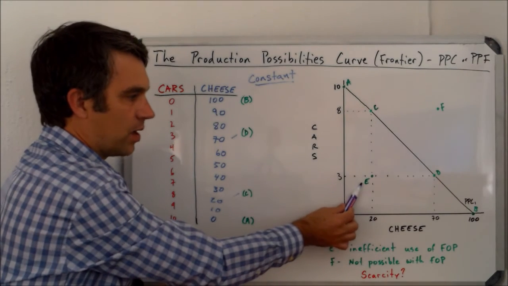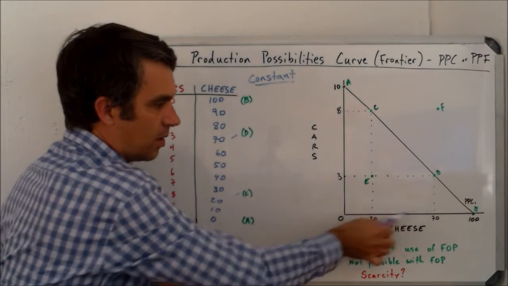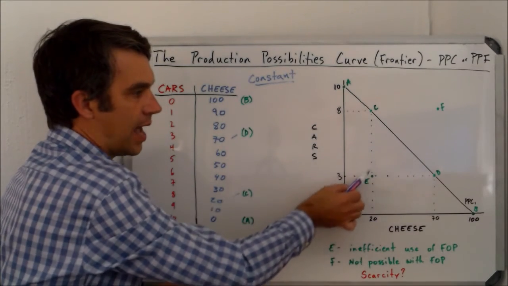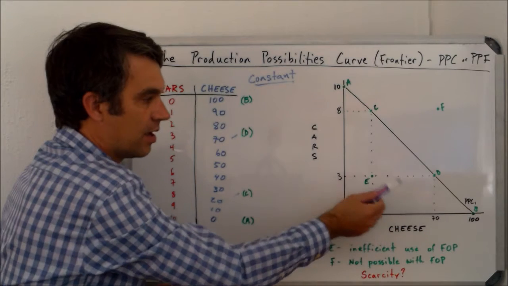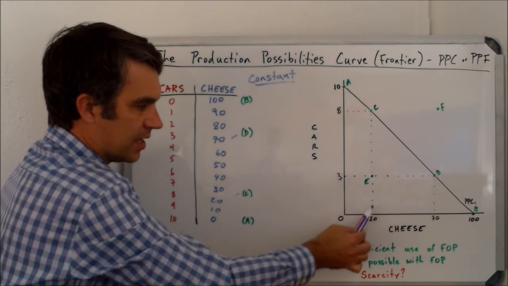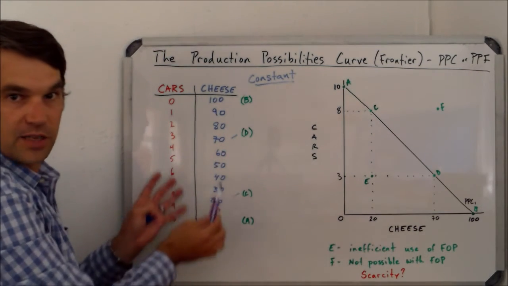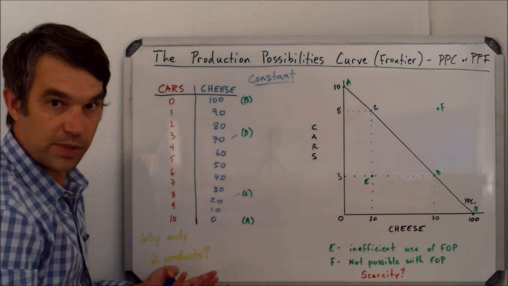Let's start off and look at point E first. Point E, we notice, is inside, it's closer to our axes, so it's inside of the production possibilities curve. Let's say that I'm making 3 cars and 20 kilograms of cheese. Well, that doesn't show up anywhere on our table here, but of course it's a possibility.